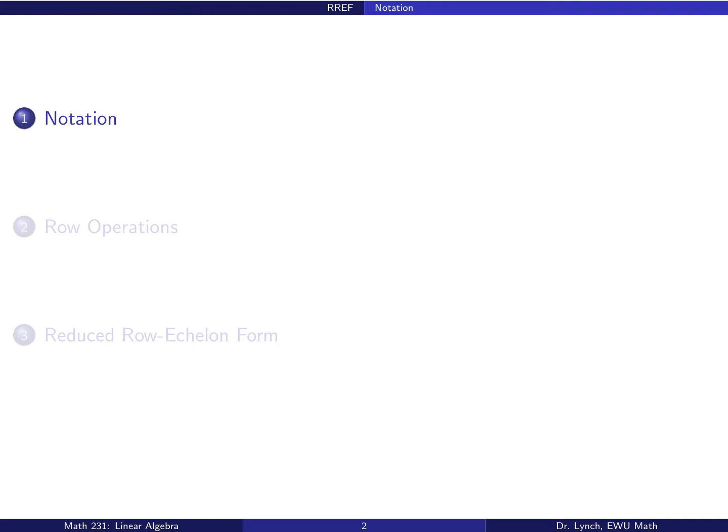So we'll develop a method of manipulating those coefficients with some notation. We'll see how manipulating our equations with equation operations has an equivalent interpretation in this new notation, and then we'll talk about this special type of form called reduced row echelon form.